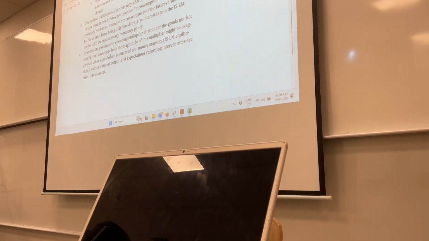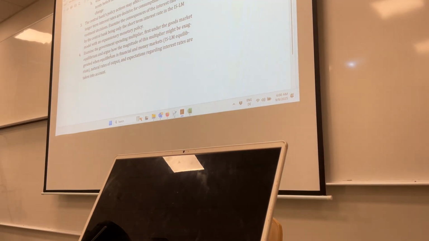Now, we want to lower the interest rate. So let's say I1. And if we lower the interest rate, this is going to boost investment. Lower the interest rate, it's cheaper to finance new factories.